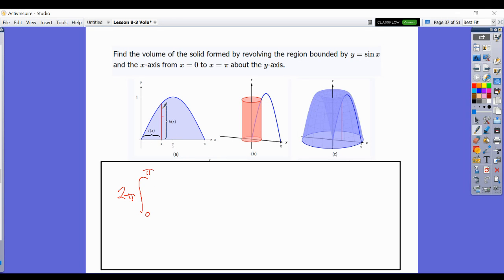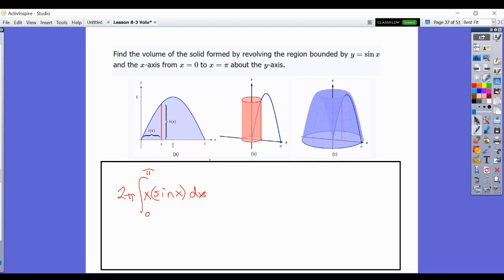And my height, that's just sine of x. And my width is x. The x is what I'm taking those little steps, dx. And I believe that's it.